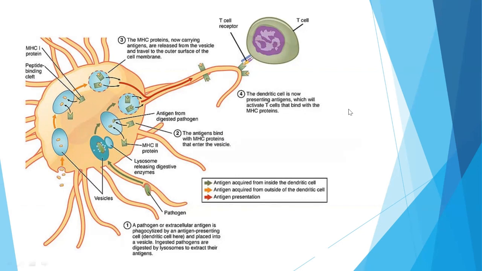And then the dendritic cell is now presenting antigens, which will activate the T cells that bind with the MHC proteins. So antigen acquired from inside the dendritic cells, antigen acquired from outside the dendritic cells here. And then there is the antigen presentation.